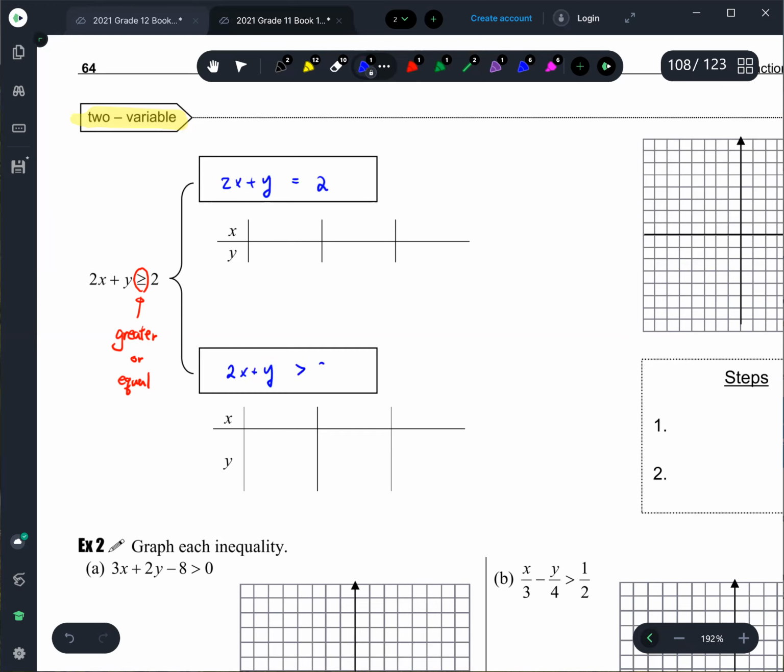Isn't it b? Plus b, yeah. Do you remember the name we call this, Anya? Is it slope? Yeah, slope and intercept. Y-intercept, very good. So you see, if we work all together, we can get the answer. So this form is called the slope and y-intercept form.